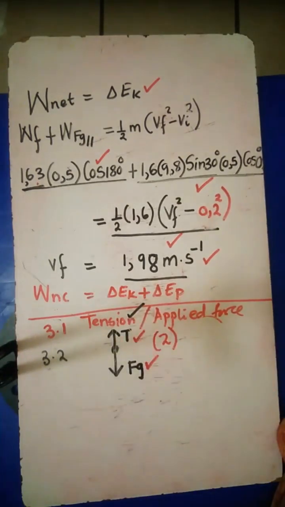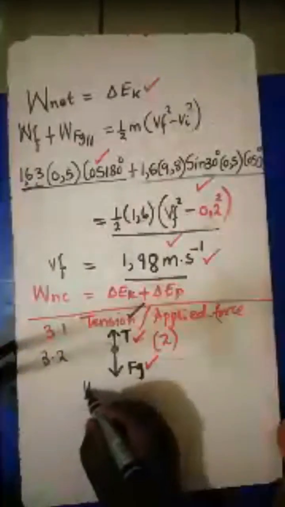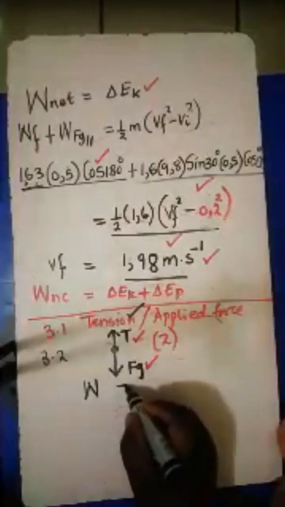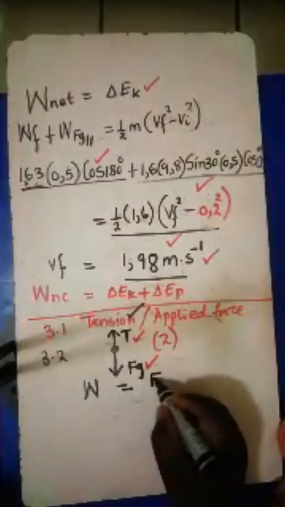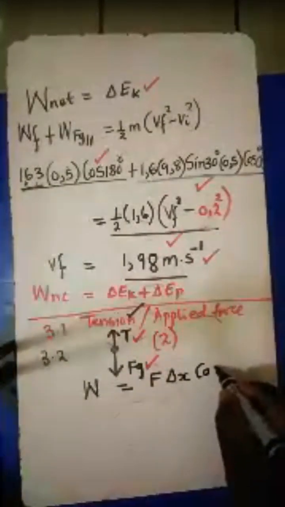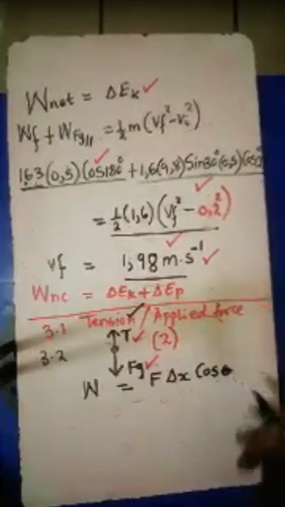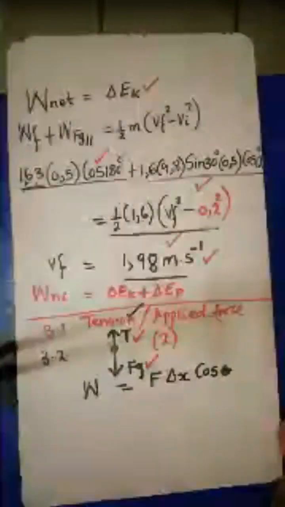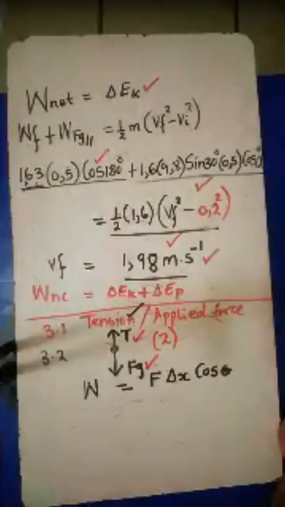So, if I want work done by gravity, 1 mark is for the formula. Work done is equal to F delta X cos theta.